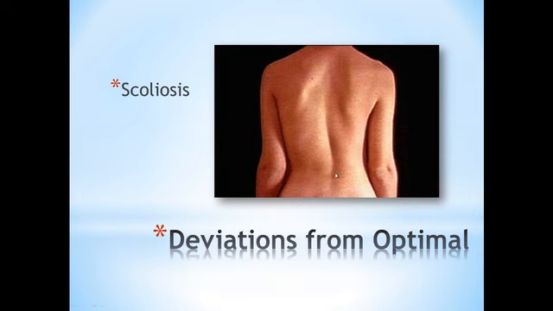This would be a right lumbar scoliosis, and a left thoracic scoliosis. And we can call that a double major curve when we see two structural curves of about the same size.